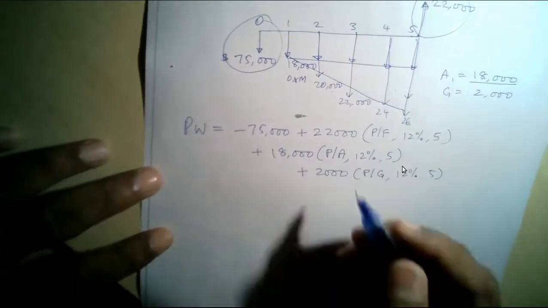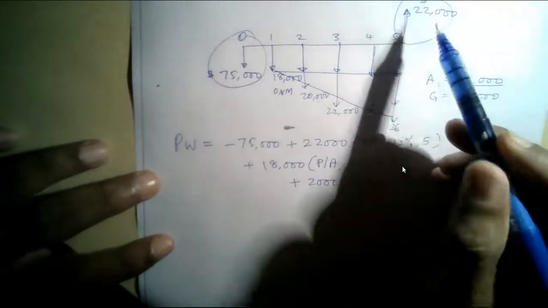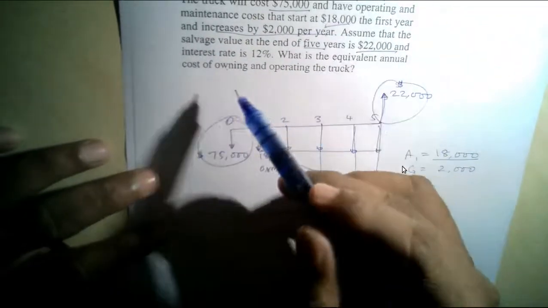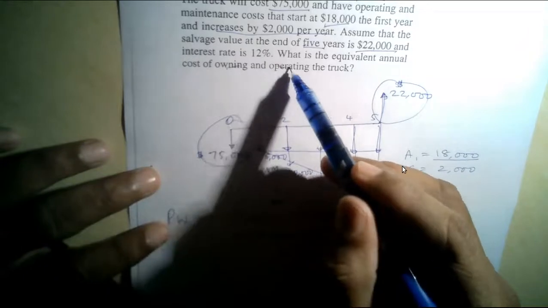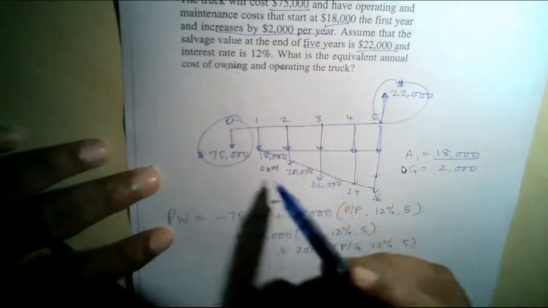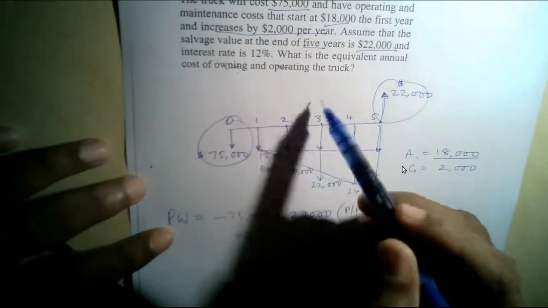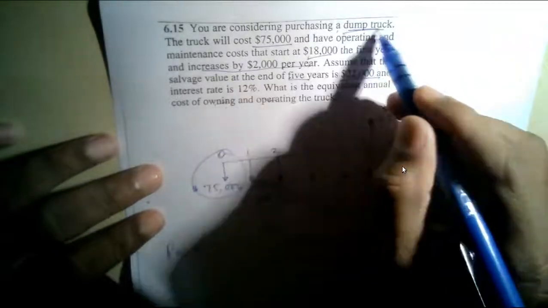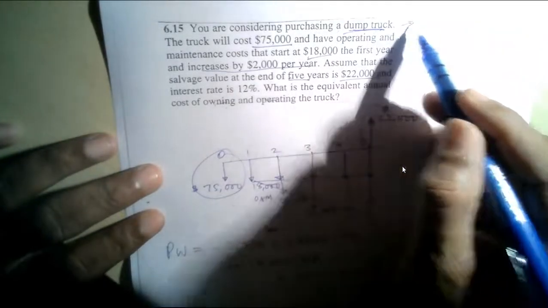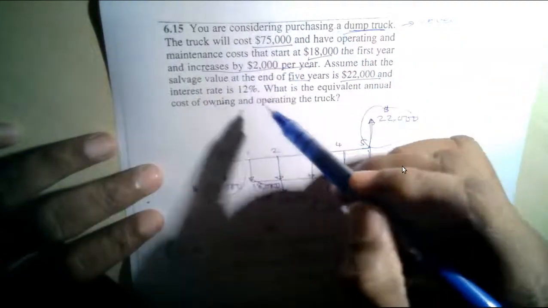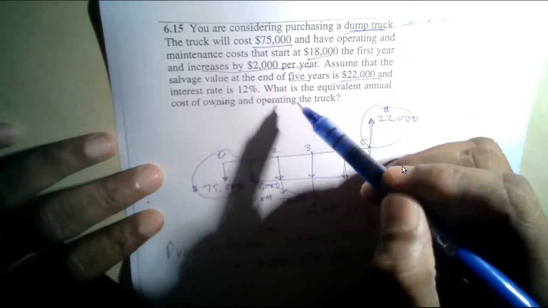In this case, mostly the cost is there. Of course, the salvage is there, but since the question says equivalent annual cost of owning and operating, because owning is mentioned, I want to include these two also. But eventually, it will be a cost. There is no revenue mentioned in the question. The dump truck dumps the material and generates some revenue, but the revenue generated is not given anywhere.